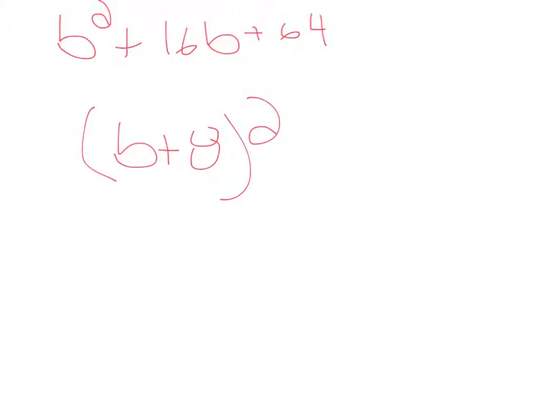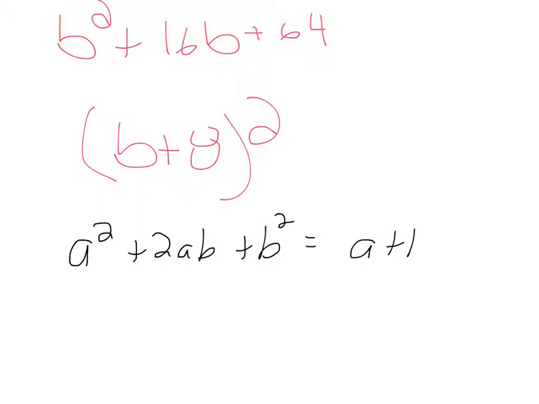This is actually one of our special products, our perfect square trinomial. It comes from the equation that a squared plus 2ab plus b squared can be written as a plus b squared, and that's always going to be true.